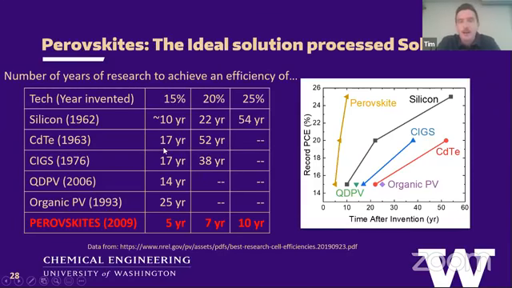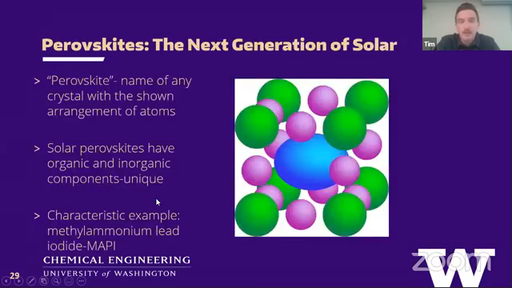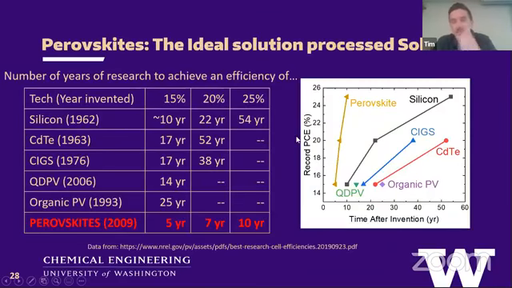A normal type of solar material takes between 10 and 20 years to achieve 15% efficiency according to the NREL verified efficiency charts. It takes about 20 to 50 years to get to 25% efficiency, and most solar cells never achieve 25% efficiency or have yet to and will potentially in the future.